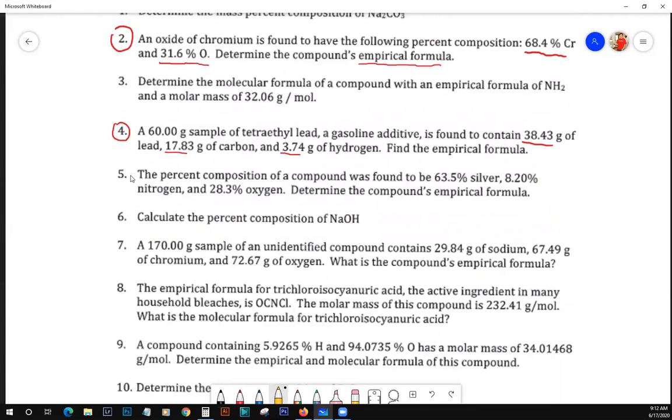Why don't you do number 5. Make a practice for number 5. The percent composition of a compound was found to be 63.5% silver, 8.2% nitrogen, and 28.3% oxygen. Determine the compound's empirical formula.